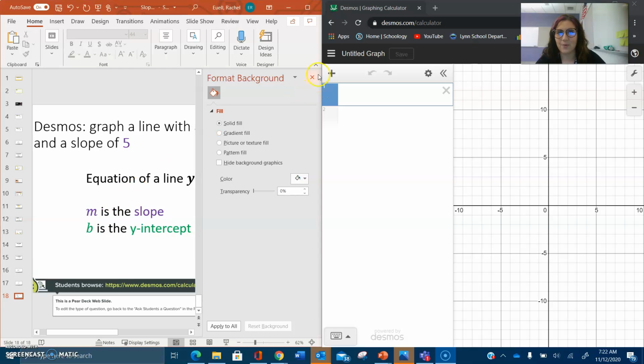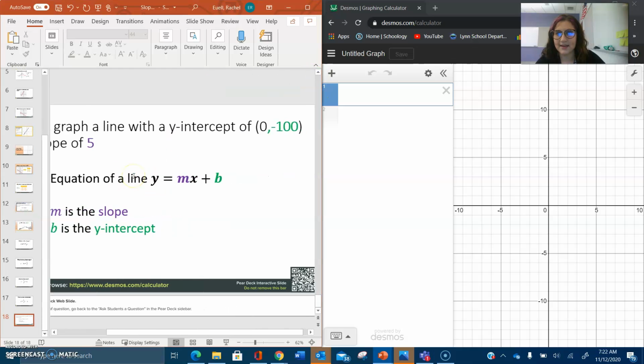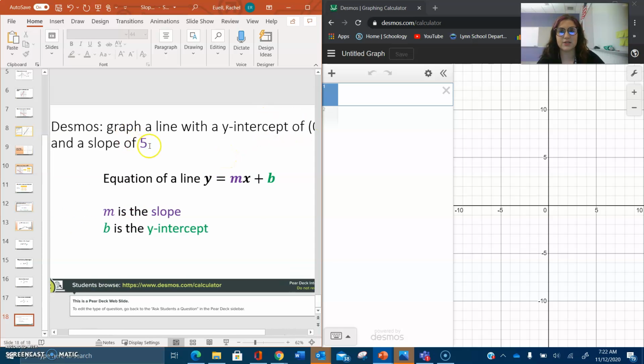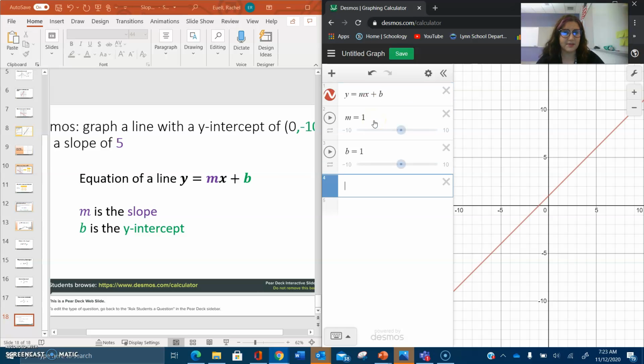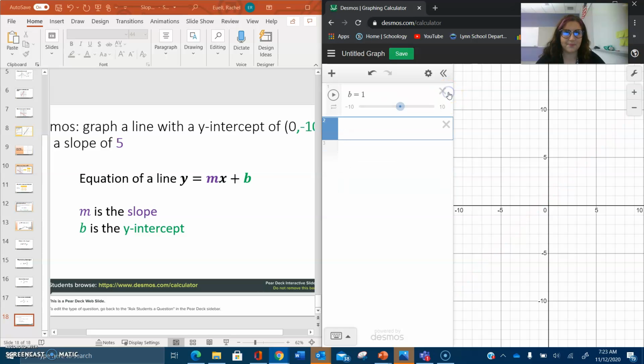All right, so what I have is a y-intercept of (0, -100). So my b equals -100 and a slope of 5. So I'm going to use the equation of a line, slope-intercept form, to graph this. So y equals mx plus b.